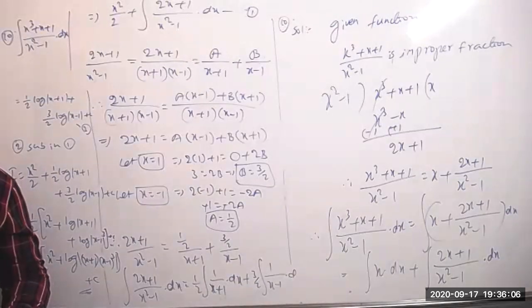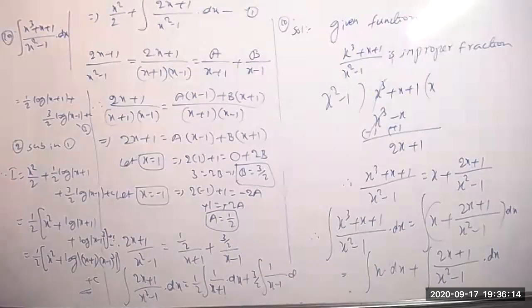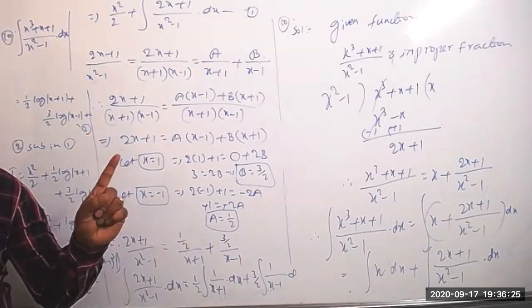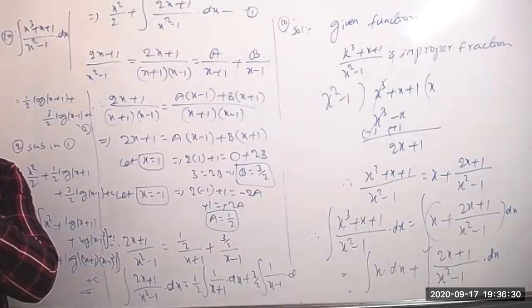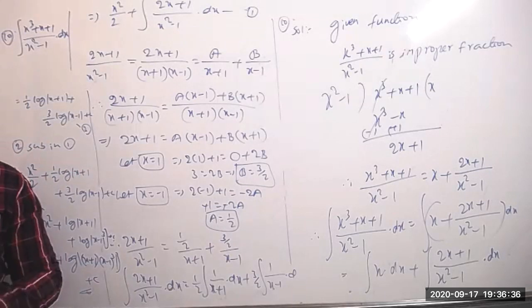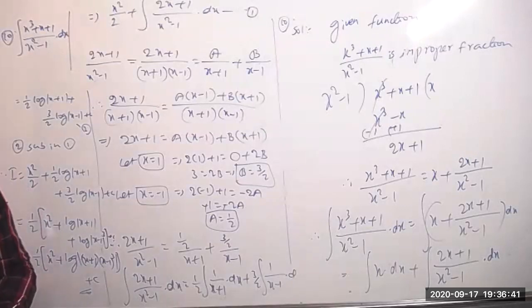And the third one is non-linear factors, that means unreducible functions in the denominator. That is the third rule. So up to here we have done rule 1. All of you should remember concept-wise. If we simply take partial fractions blindly and mix all the questions, we will get confusion 100%. Don't solve like that. That's why I gave the 3 rules separately to you: rule 1, rule 2, rule 3.